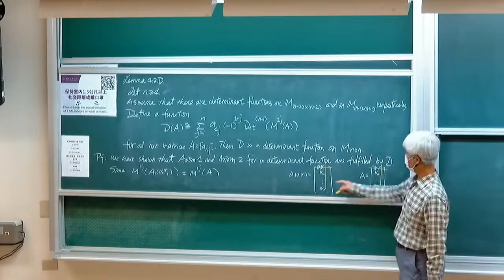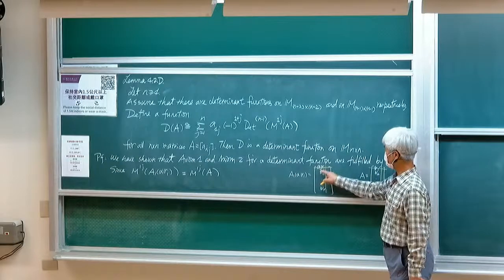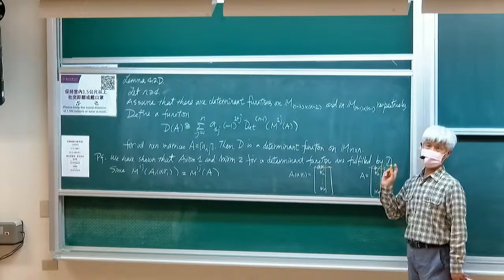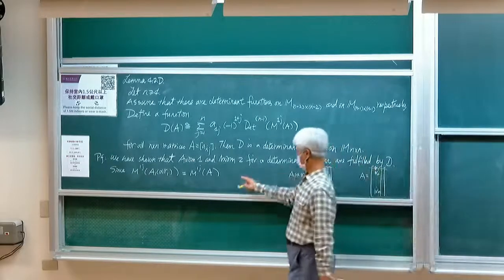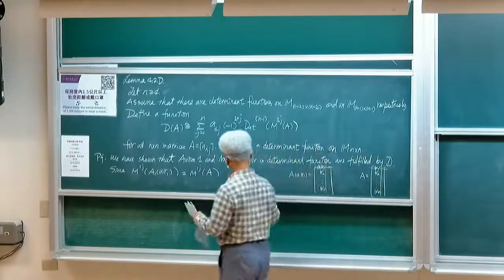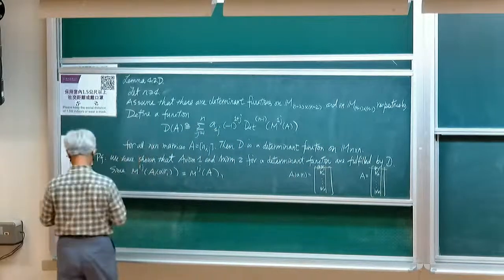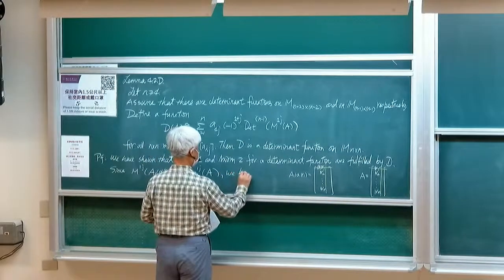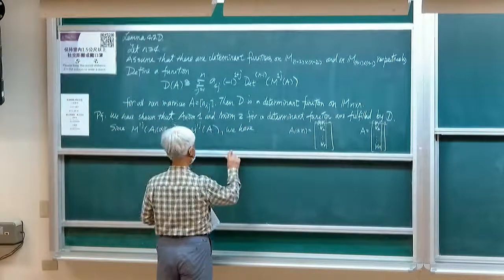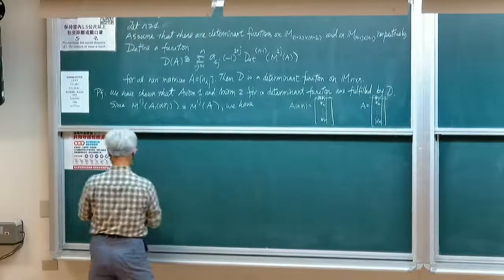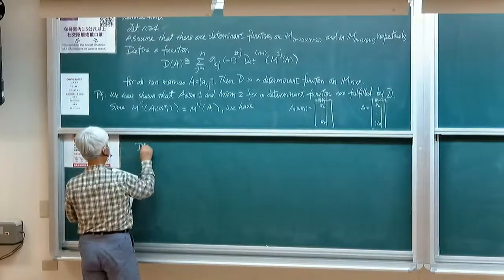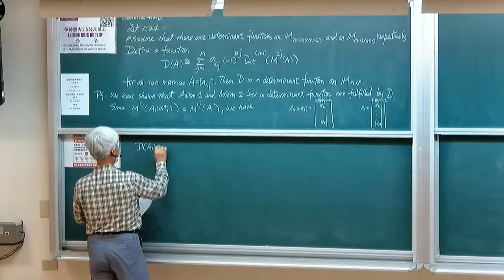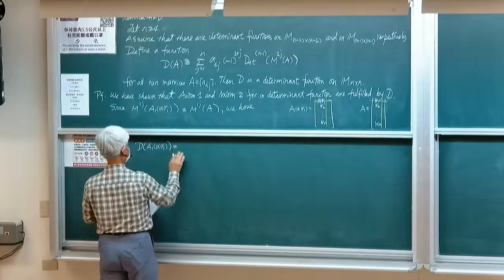You will find that the 1j minor of this matrix is equal to the 1j minor of this matrix. So they are equal. Right, so since this is true, we compute d of A with first row alpha R1.